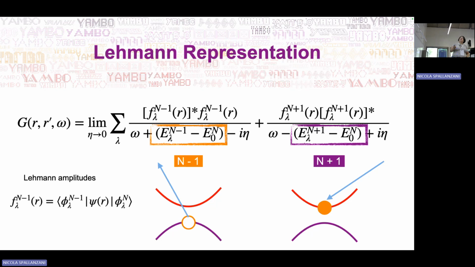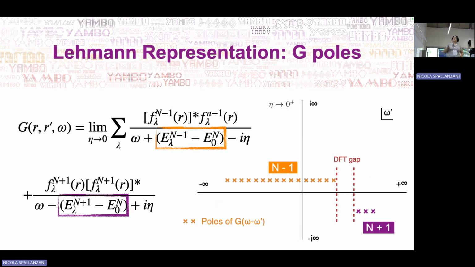Okay, so this is useful because in this way, the Green function will tell us something about these processes here. This will give us information about the process where we extract an electron from our system, or we add an electron to our system.